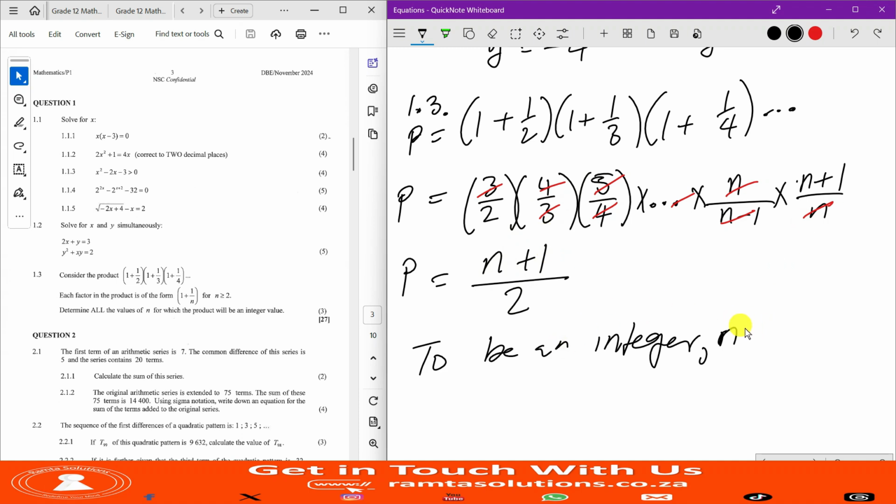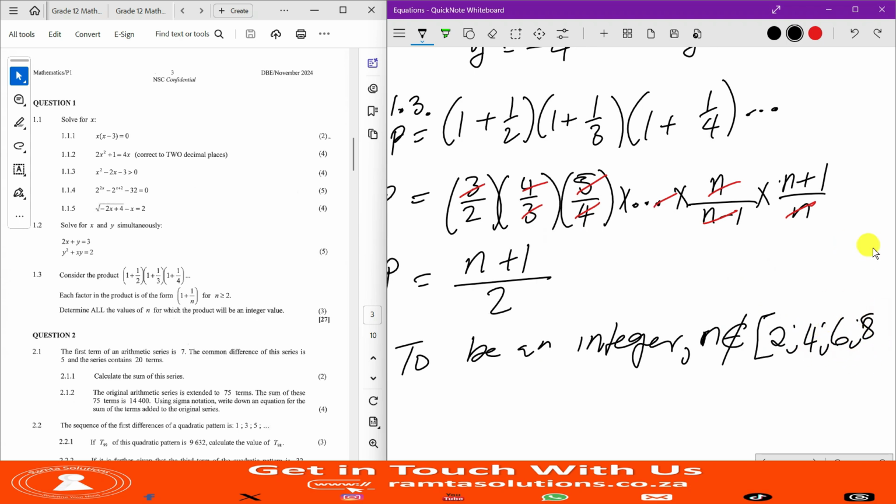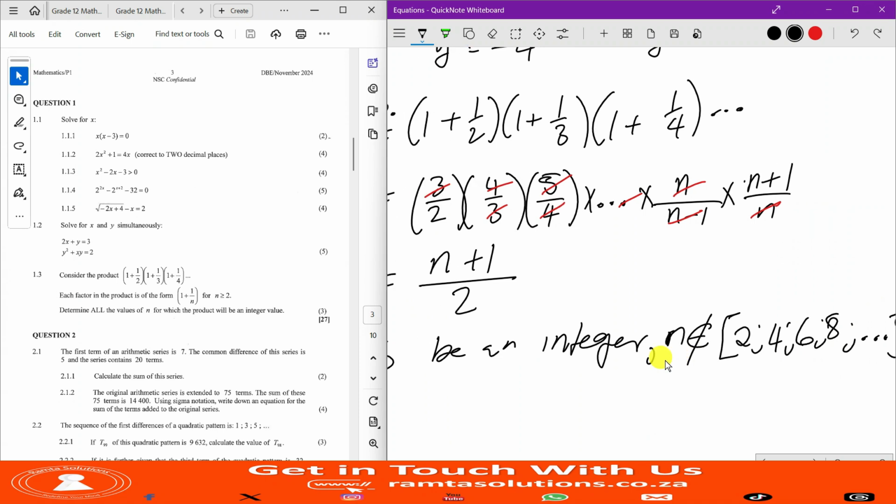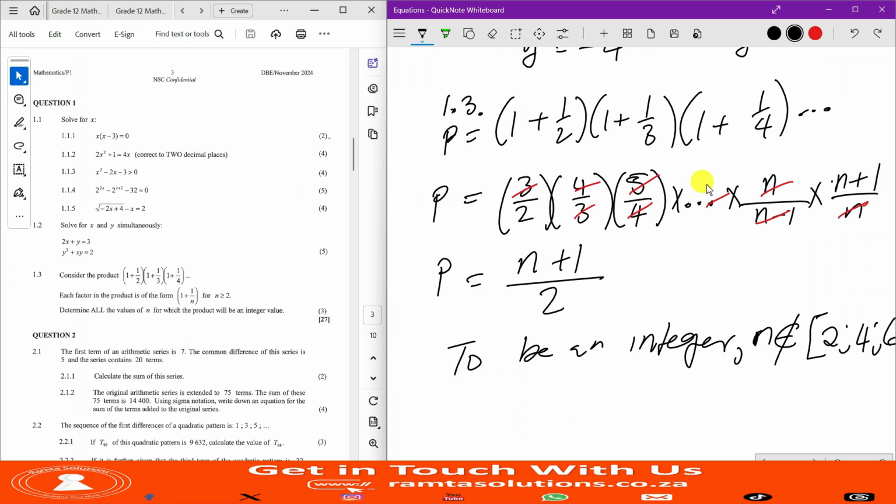If it's 4, so it means multiples of 2 are not working. So to be an integer, n must not be an element of 2, 4, 6, 8 and so on. It must not be an even number, right?